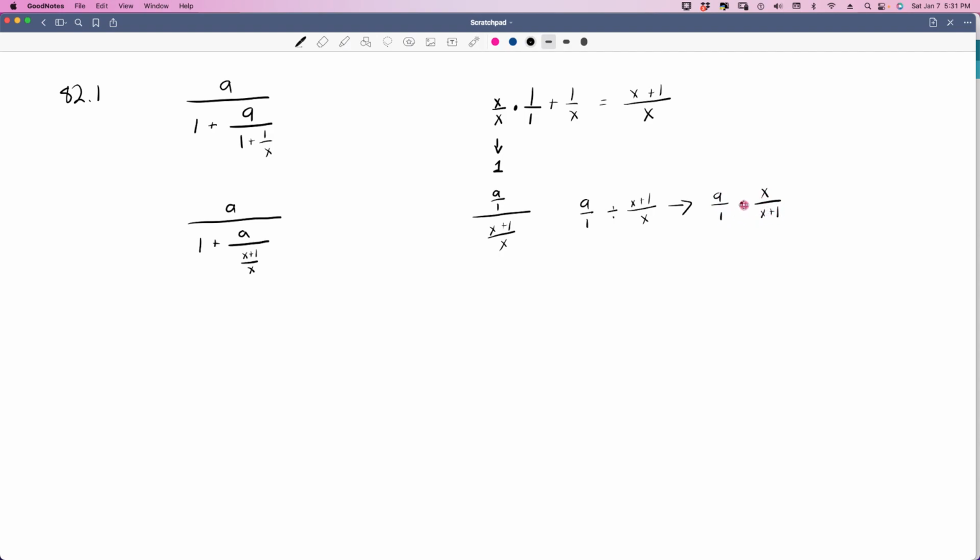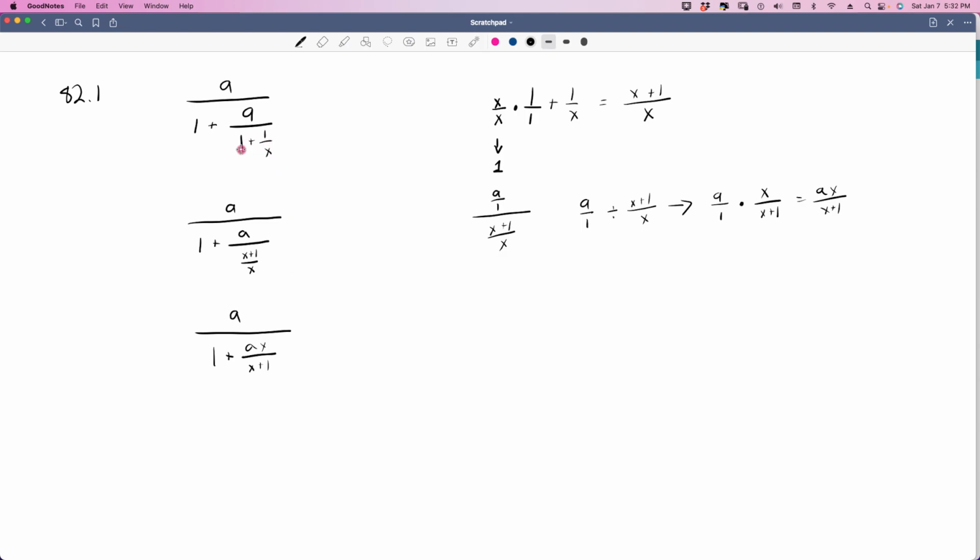We kept this, we changed this to multiplication, and we flipped our fraction. So now we have ax over x plus 1. That's our new fraction. So we can rewrite this, a over 1 plus ax over x plus 1.